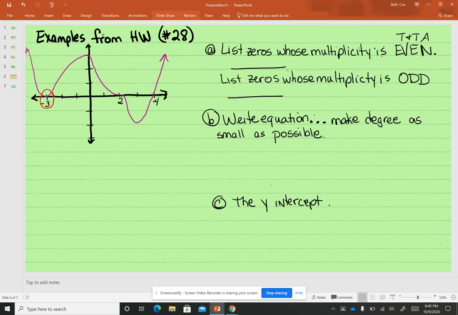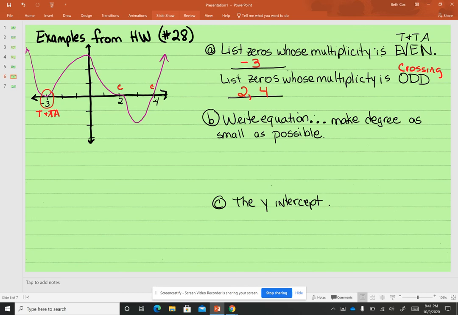We're going to talk about that in a second. And this one's going through. But this one's touch and turn around. So the zero whose multiplicity is even is -3. This one's crossing and this one's crossing, so that's odd. And so the zeros whose multiplicity is odd are 2 and 4.